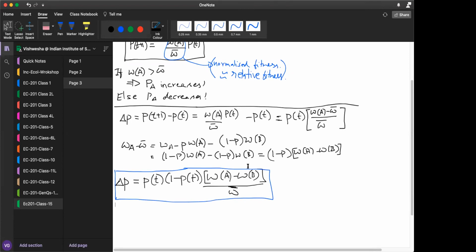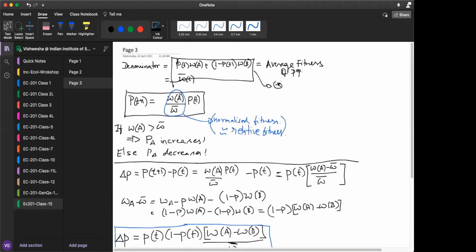I was wondering if omega bar changes with time, or is it like a constant? Yeah, so I did briefly mention as we look at this equation, omega bar is P of t, which depends on time. The proportions are changing over time, times omega A plus 1 minus P of t times omega B. So P does change with time, therefore omega bar must change with time, right?